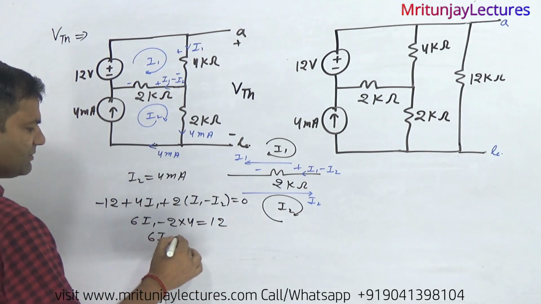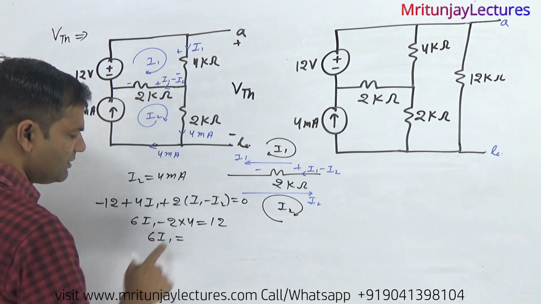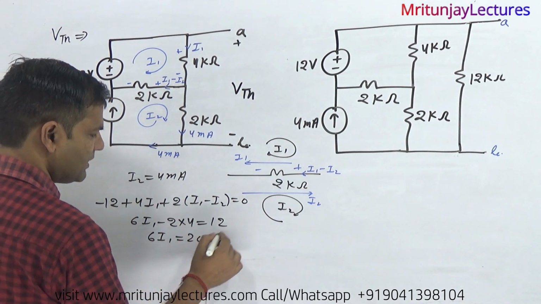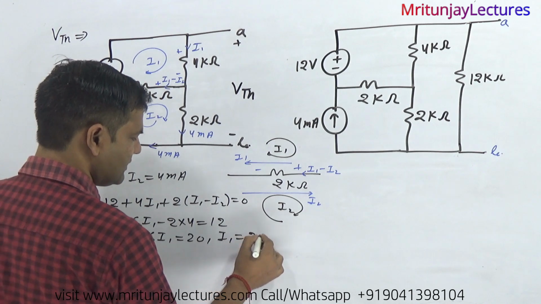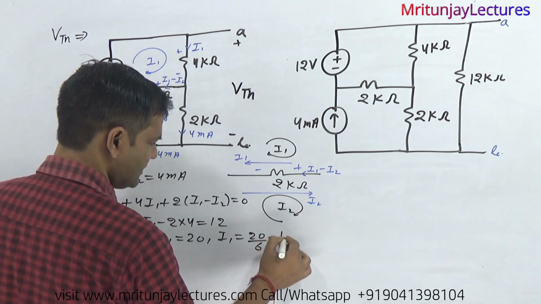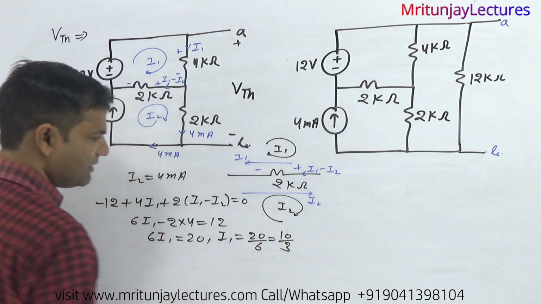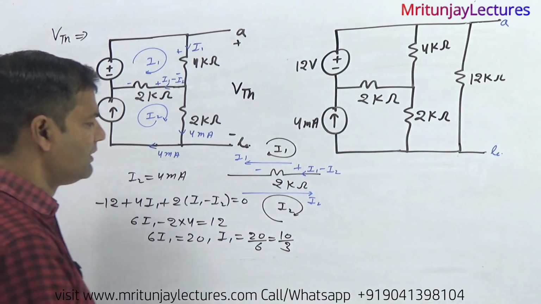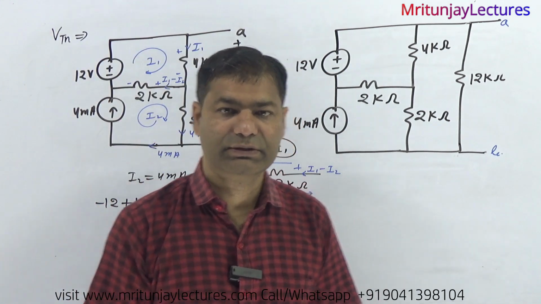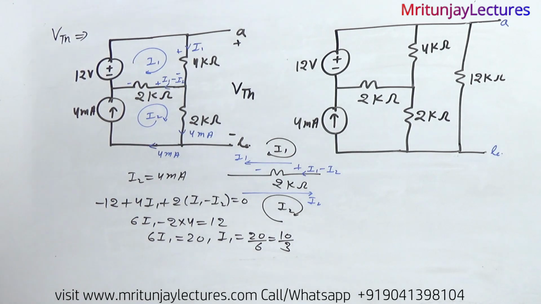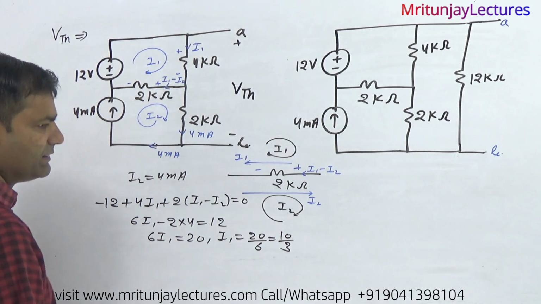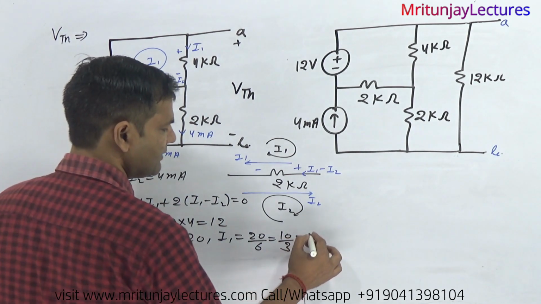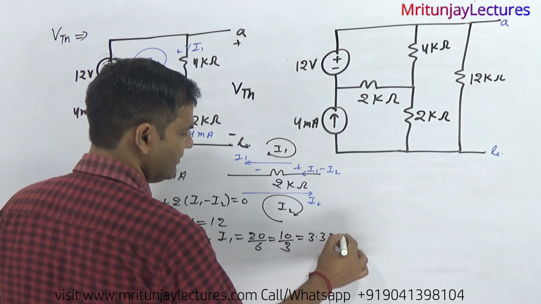So 6I1 equals 12 plus 8, that is 20. So I1 is 20 by 6, or you can say 10 by 3. I1 is 10 by 3. Clear or not? Now this is also written as 3.33 milliampere.